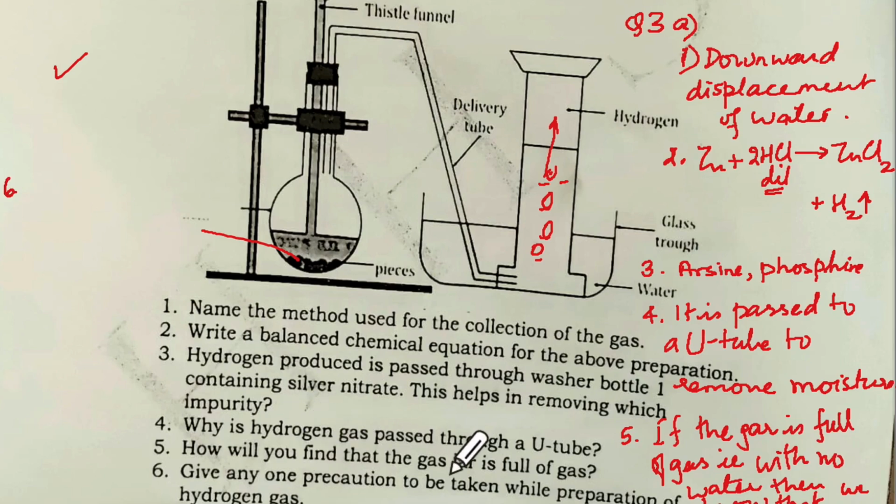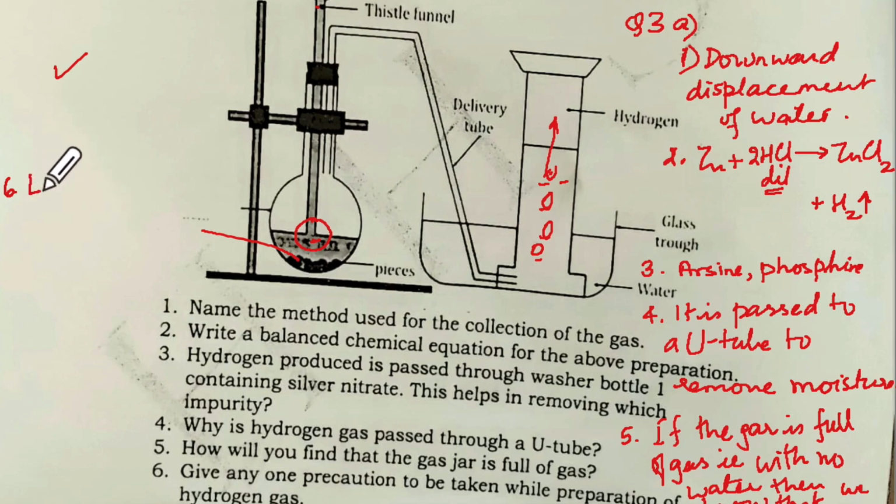Give any one precaution that is to be taken here. What is one precaution? The lower end of this thistle funnel should be dipped. If this is not there, then what will happen? The gas will go from here. And remember, an air-hydrogen mixture is explosive, right?